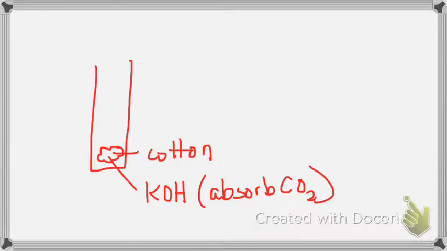So then you can directly see the amount of oxygen that's consumed by whatever critters we put in there. The volume of the bubble inside here will get smaller as oxygen is consumed. If we didn't absorb the carbon dioxide, the amount of oxygen consumed would just be replaced by carbon dioxide produced. So it's very important to have this carbon dioxide absorber in your cotton ball at the bottom.